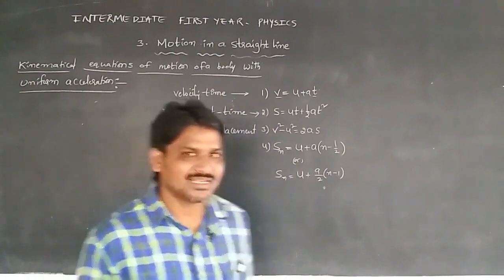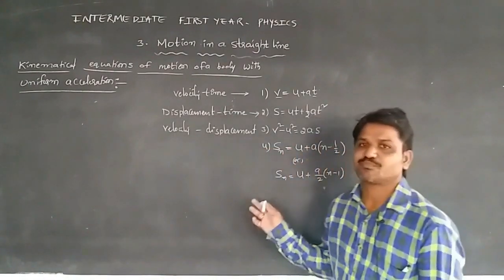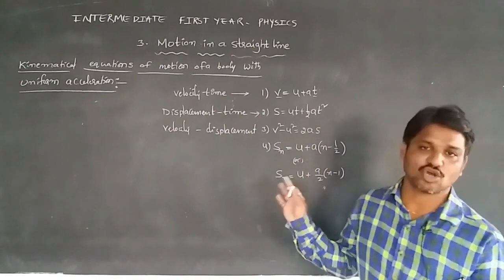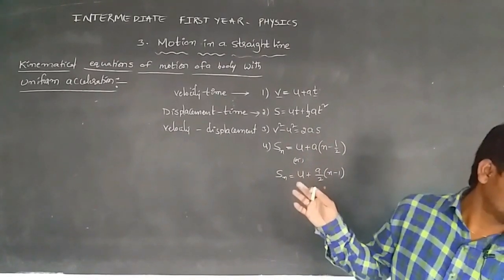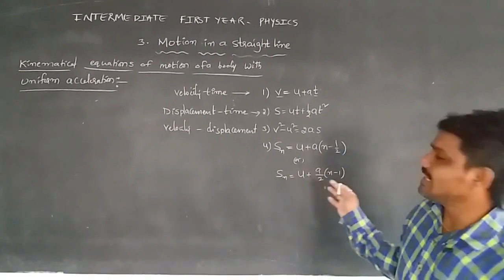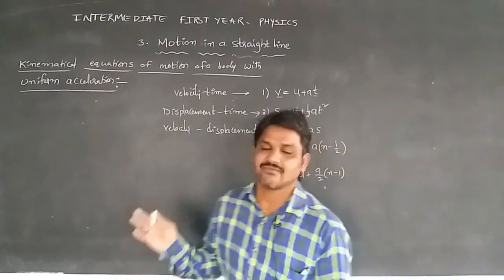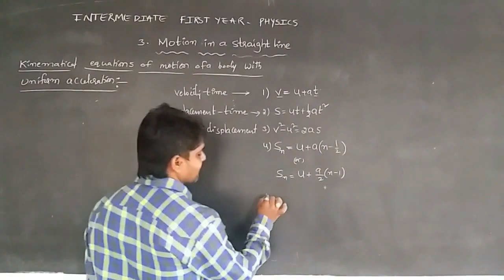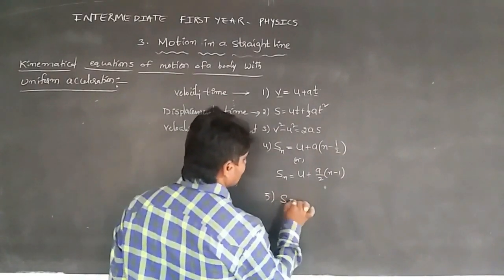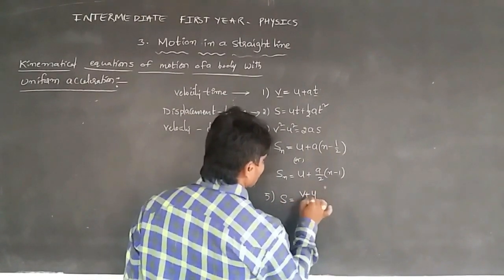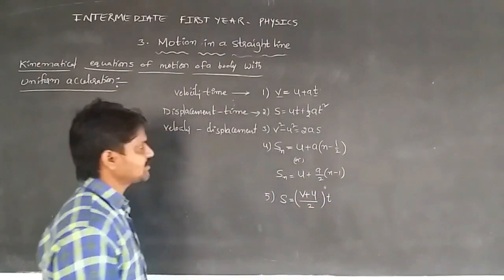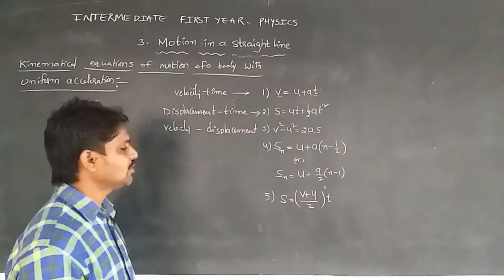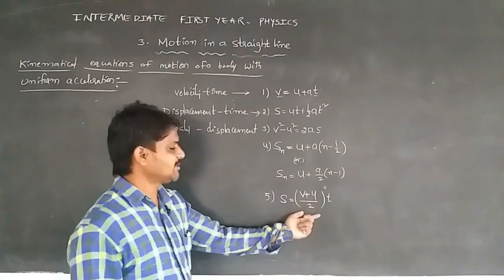Another relation is useful for the stopping distance. Stopping distance means the relation between the time and the displacement. That is S = (V + U)/2 into T. This is the relation for the stopping distance.